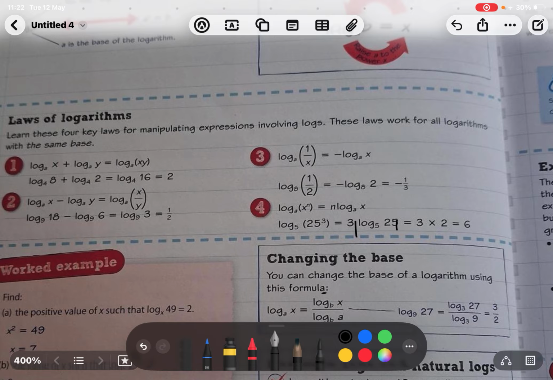this equals 2, because 25 to the power of 5 equals, no, the opposite way. So 5 to the power of 2 equals 25.